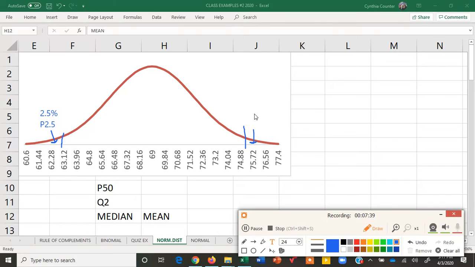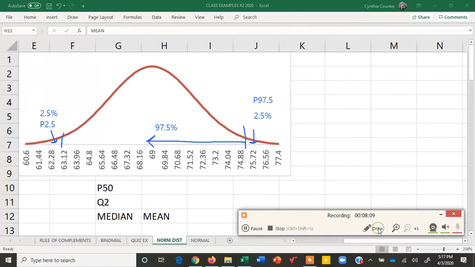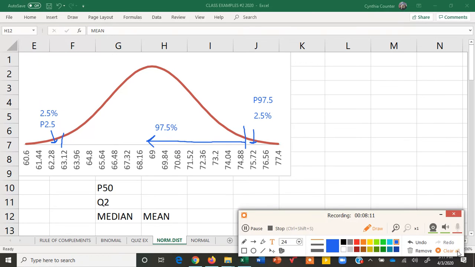So now in the tail we have 2.5%, which means then that 97.5% are below this. So we actually have 97.5% below this score, which means we are finding the 97.5th percentile, or P97.5. I think the drawing makes it much easier to understand.